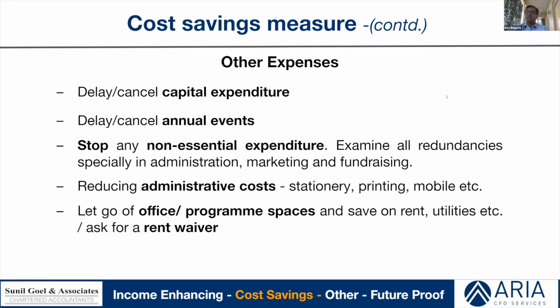Reducing administrative costs on stationery, printing, mobile. This is what usually large organizations do. And you will find that even these small bits go towards adding a lot. Let go of program spaces or offices, if they are adding up a lot. Maybe even approach the landlords for rent waivers. And I know a lot of organizations we work with are doing this.